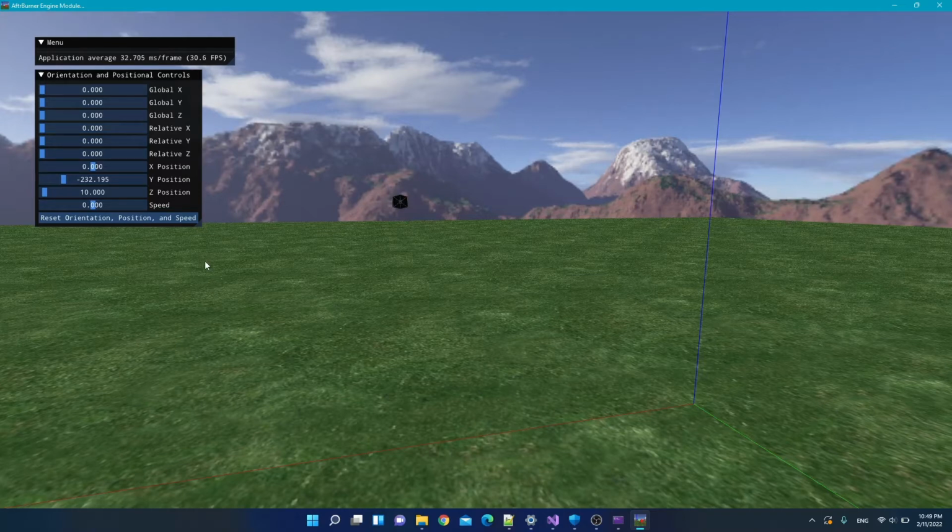I set the minimum distance before significant attenuation to be around 30 or so based on the IrrKlang API.